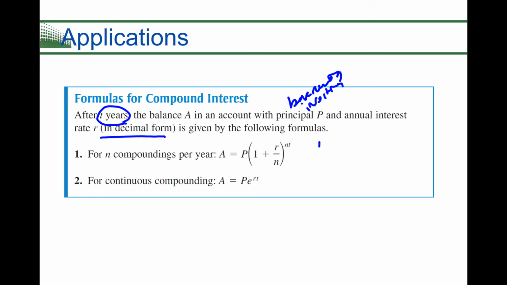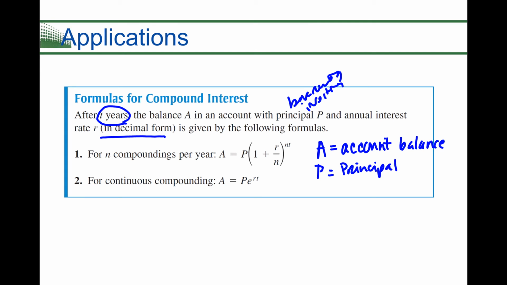So again, A, I'll write it in more handwriting you can actually read. Okay, so we're looking at the account balance. P is your principal.